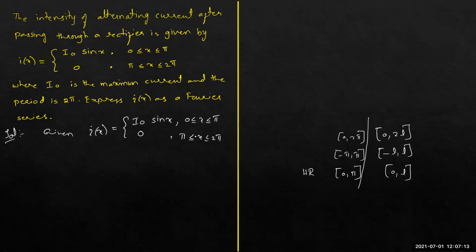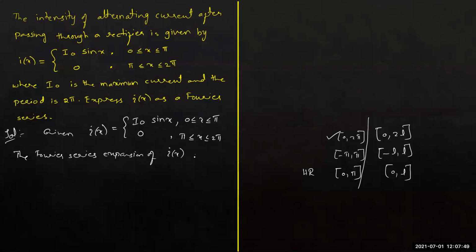Right? When you look at this interval carefully, the interval of definition is from 0 to 2 pi, the first case. When it is between 0 and 2 pi, you can recall what the Fourier series is. The function is defined between 0 and 2 pi. Therefore, if you write the Fourier series, now it is the full Fourier series, not the half range. The Fourier series, now see, I'm writing it for I of x. Usually we write it for f of x, instead of f of x, now I am writing it for I of x.